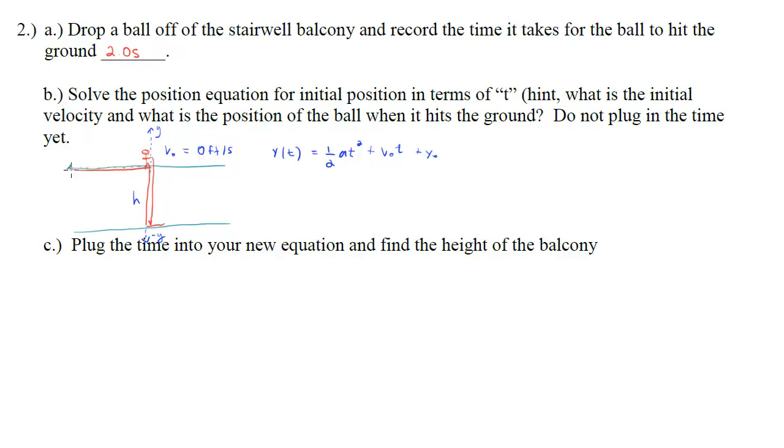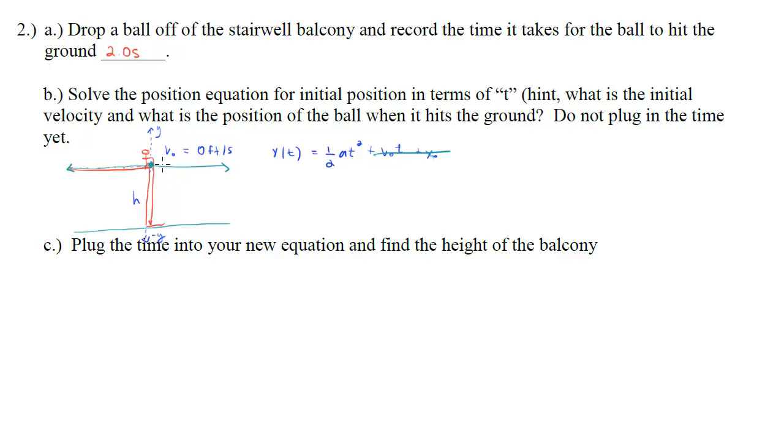So first we're going to call this one the 0. So this is 0, 0. That means that the initial position of this thing is 0, right? That makes sense, because you're starting at 0, 0 and you have 0 velocity, so you're just dropping it. So we don't need those two terms anymore.